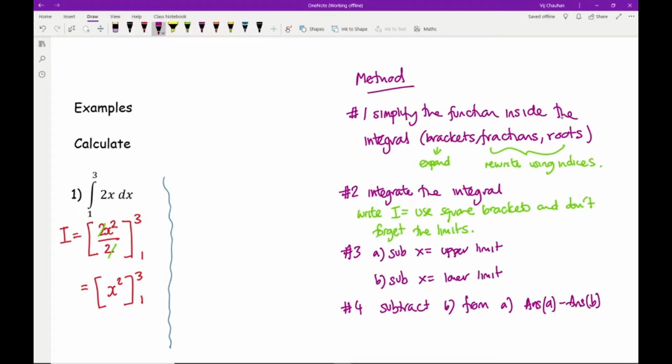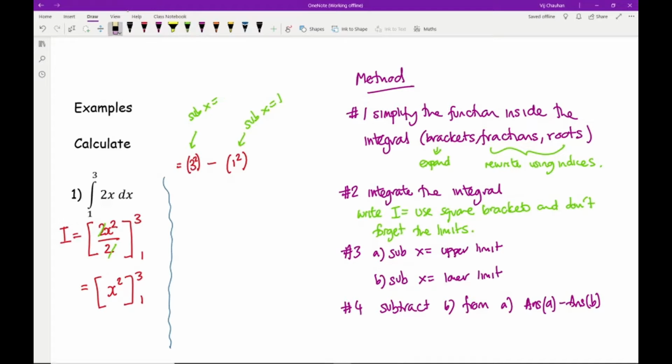So if I just go through the steps, and let's get the red pen back. I'm going to substitute 3. So if I try and write this in, I've got 3 squared minus 1 squared. Here I've substituted x equals 3, and here I've substituted x equals 1.